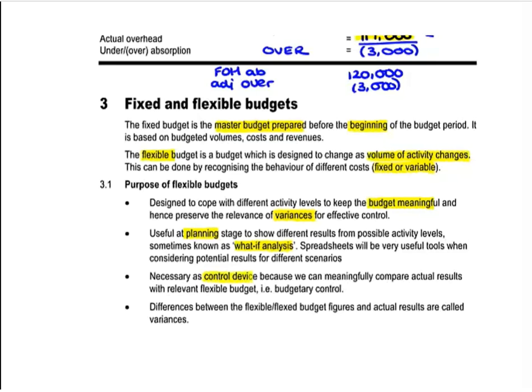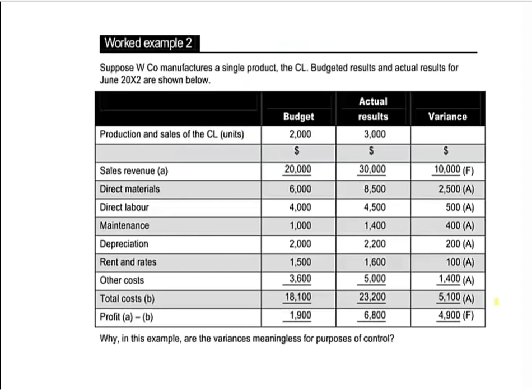From a control point of view, as I mentioned, we can compare our results with budget and produce variances as a result of our calculations. So variances then are basically the differences between our budgeted results and our actual results. And if you have a look here, then we've got WCO and we've got the results for June.